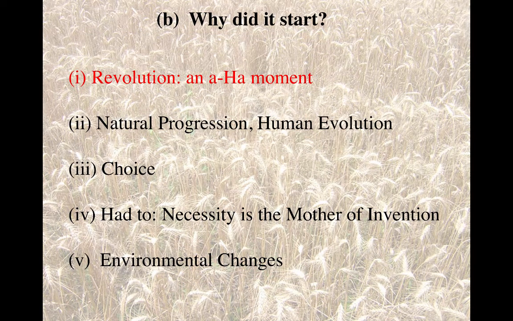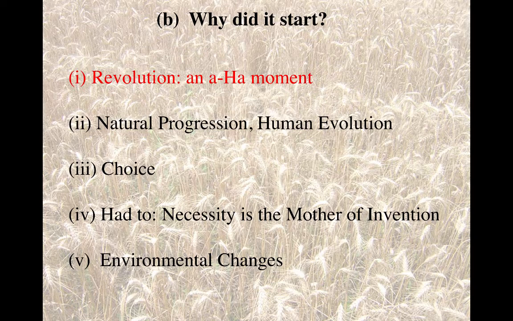So as we discussed last day, was the beginning of agriculture kind of like an aha moment? We talked about the dump heap hypothesis, where you notice, oh, there are some seeds germinating in a garbage heap, and you say, aha, I understand how to do this, and then you start to grow plants.